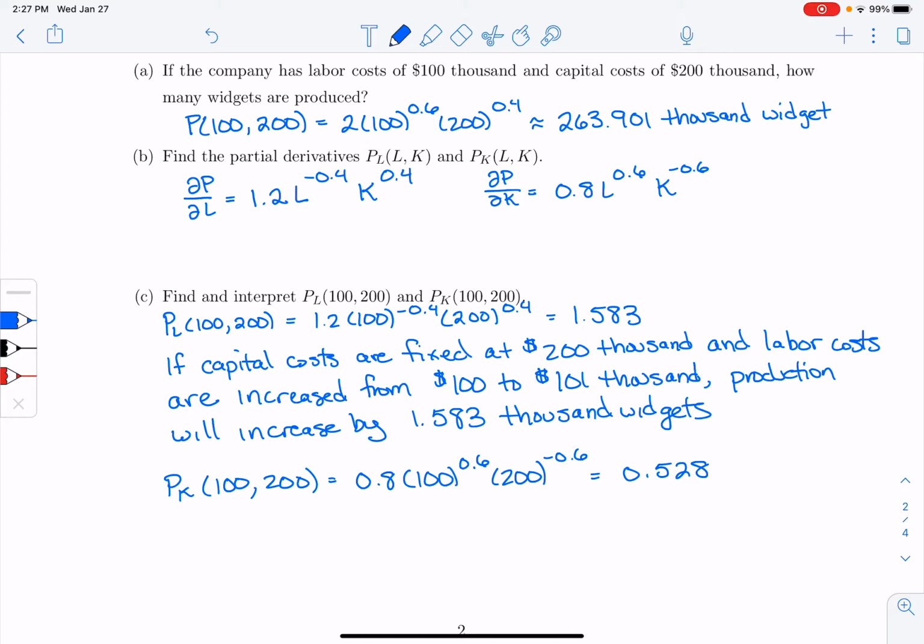So what does that mean? Well, in this case, capital costs are the variable, so labor costs are going to be fixed.